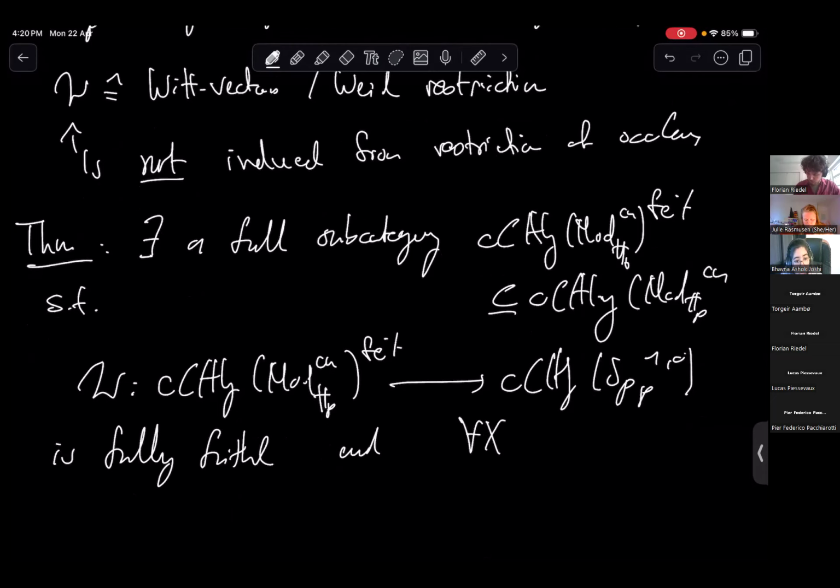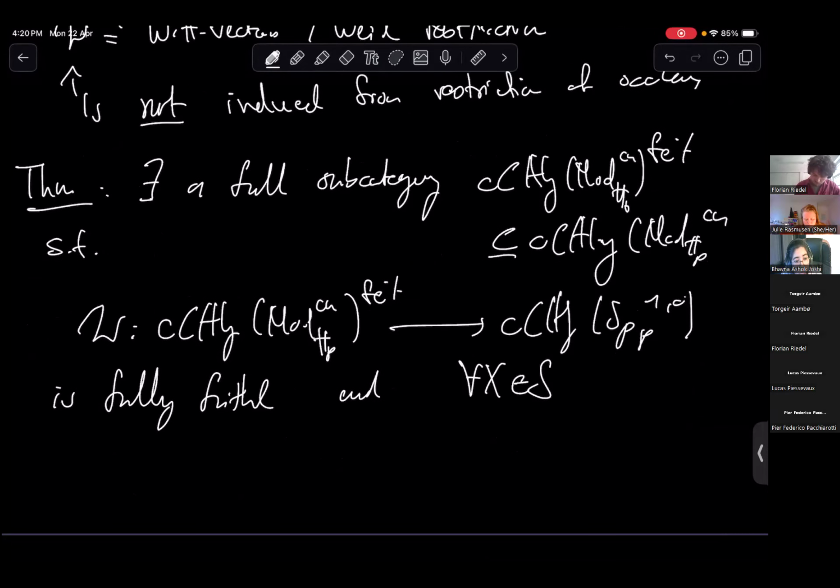And for any space X, the homology of X lies in the subcategory. This is maybe a bit poorly phrased, but we have a condition for something to be formally etale, and the homology of a space satisfies this condition. It's not just the empty subcategory, which would probably be a legal choice. Okay, so this is the more systematic way to phrase it.